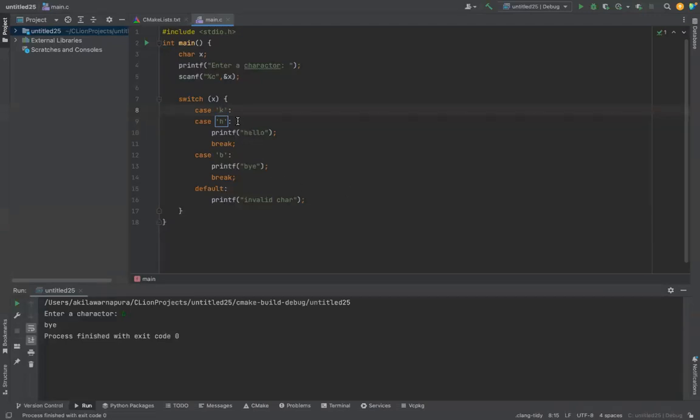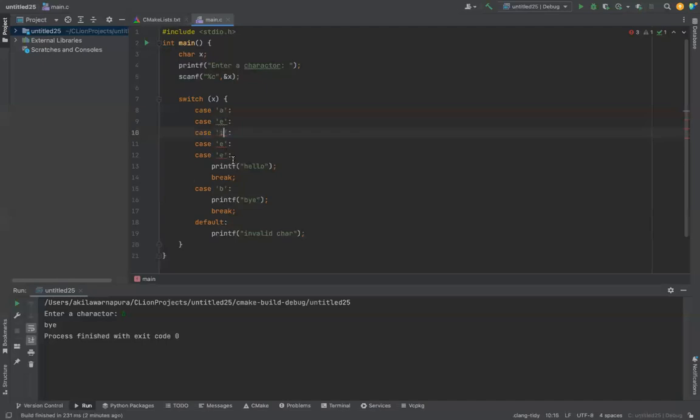Then how do we provide it? What is the first case we have to provide? A. Second case, sorry, E. Likewise, A, E, I, O, U, we have to check.